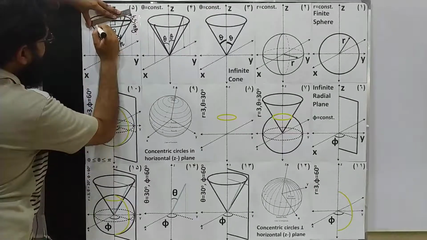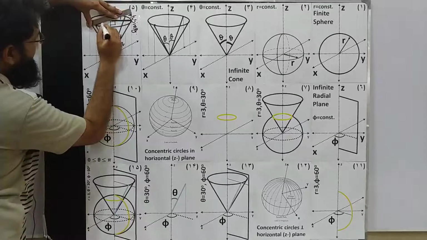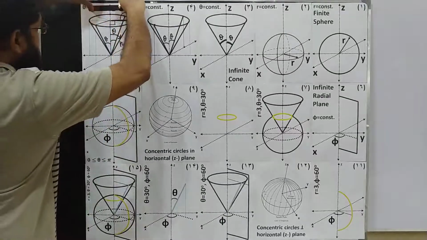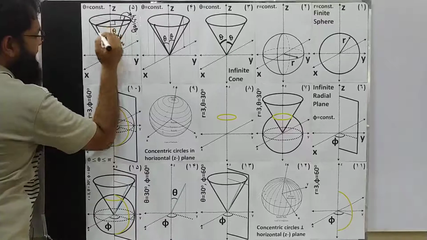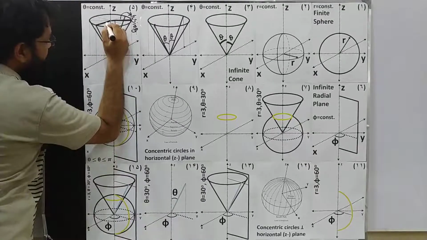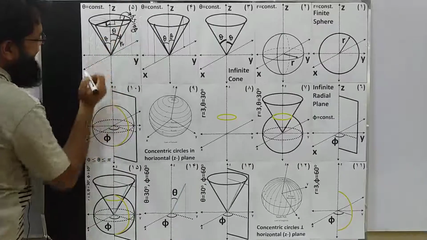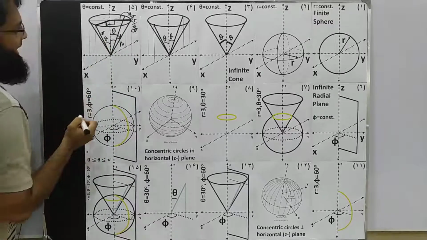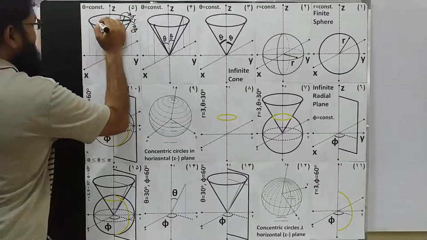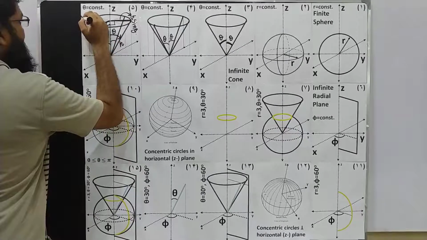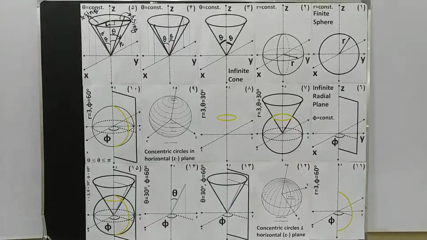So again, if I join this point and drop a perpendicular on the z-axis, I will get a right angle triangle. If this is again r, and this is the base, and this is the same angle, then the radius of this circle will be r sine theta.